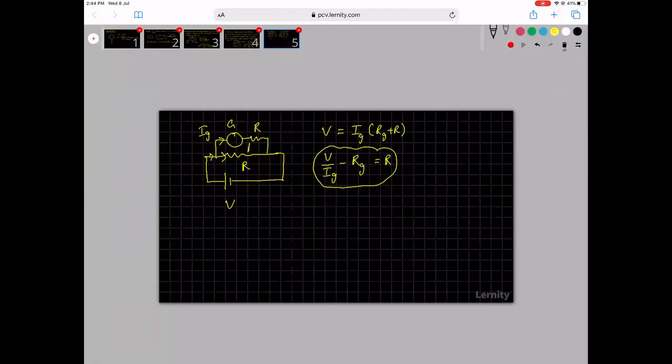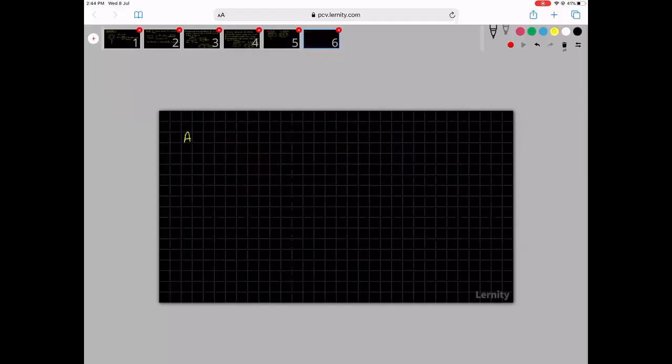Here is a question for you. A galvanometer has a resistance of 5 ohms and shows maximum deflection for 100 milliampere.